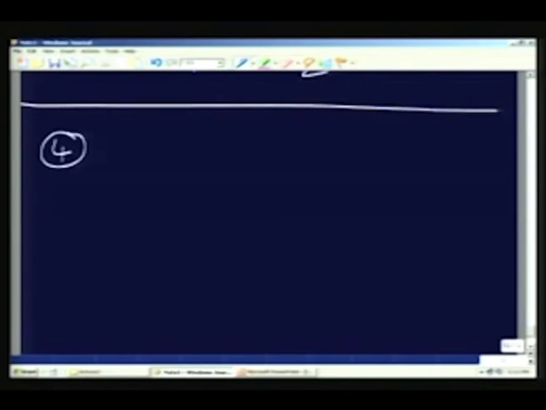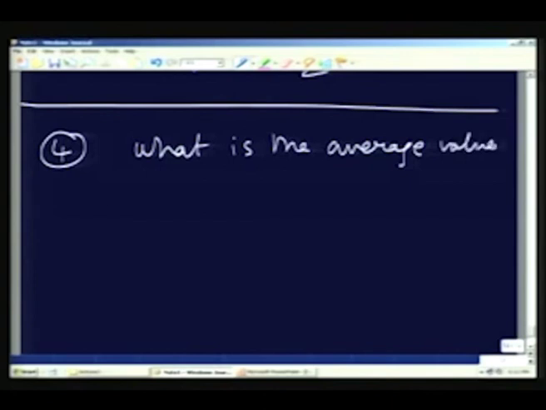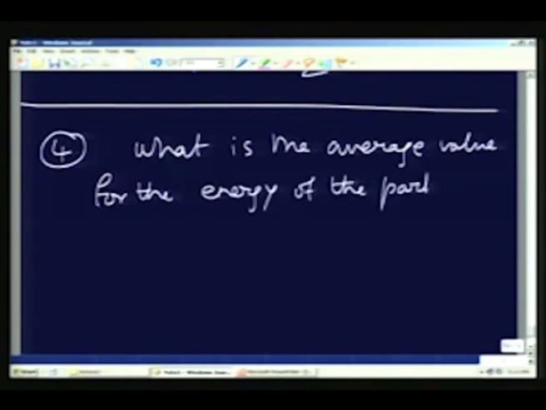The fourth one, think before you do this: what is the average value for the energy of the particle in the one dimensional box?